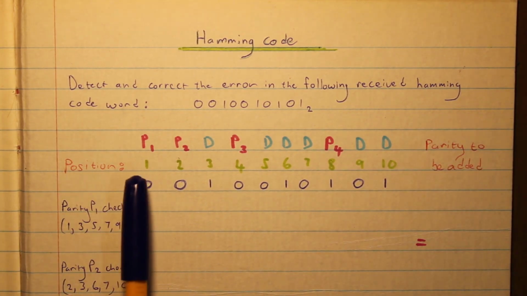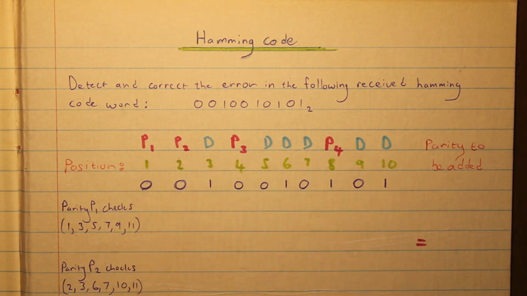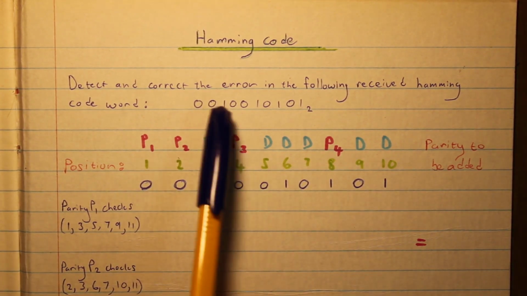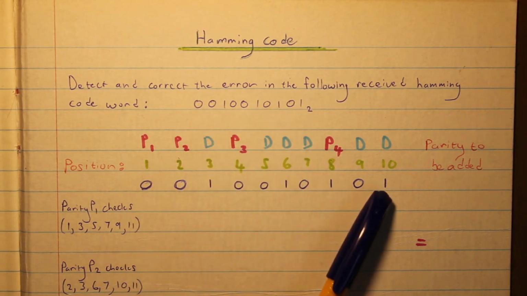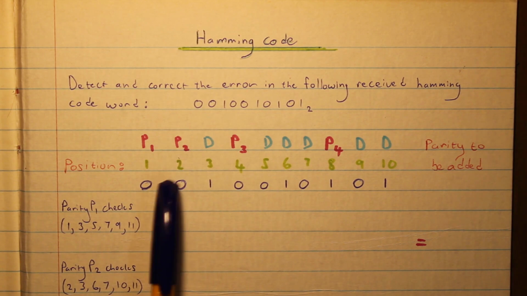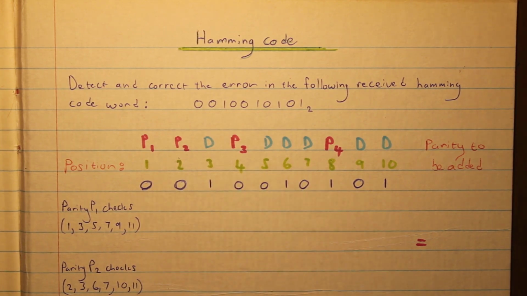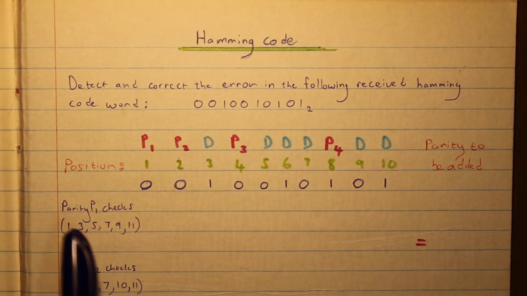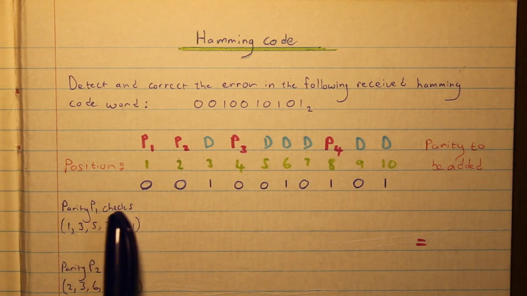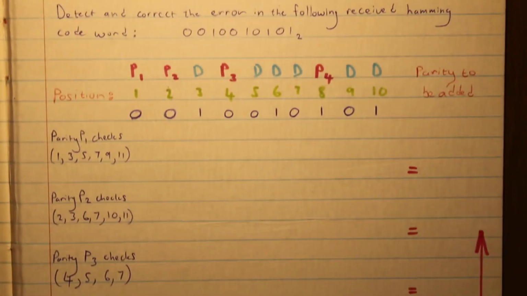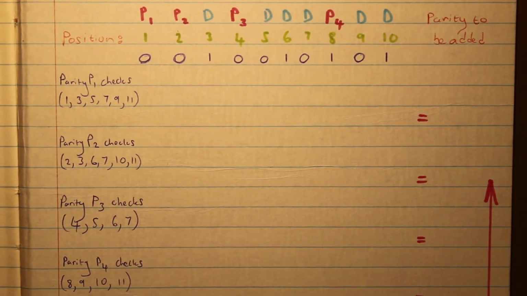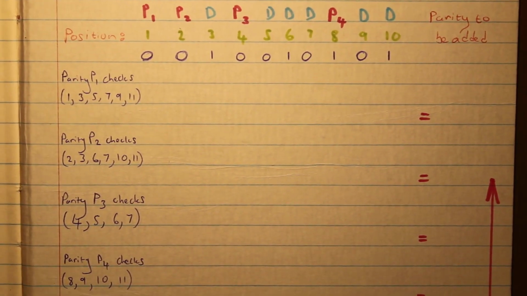Then you number these positions from 1 to 10, and then you fill in this received information into those positions. So you can see I've just filled it in as it is into those positions. Then there are parity P1 checks, parity P2 checks, parity P3 checks and parity P4 checks.